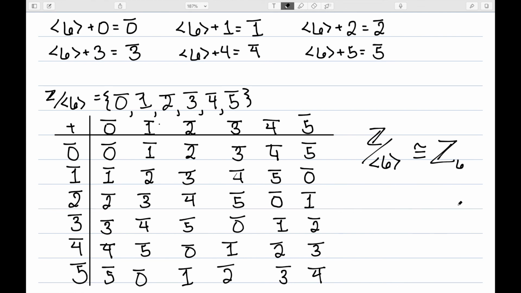In fact, the quotient group construction of Z mod the subgroup generated by 6 is the rigorous way of constructing Z6. And in general, for any n, if we consider its quotient group, that's going to be isomorphic to Zn. So this is the very rigorous way of constructing our modular groups, and modular arithmetic is using this idea of cosets and the quotient groups of the integers.